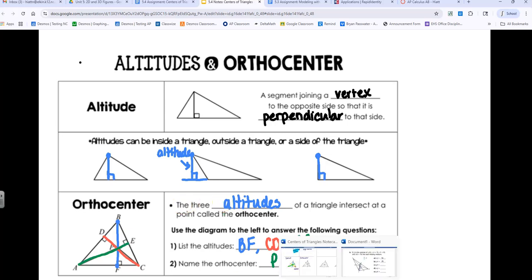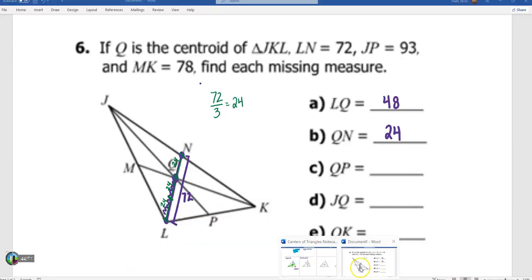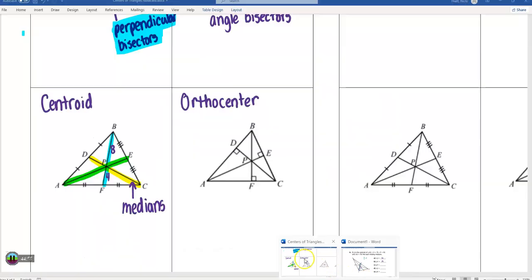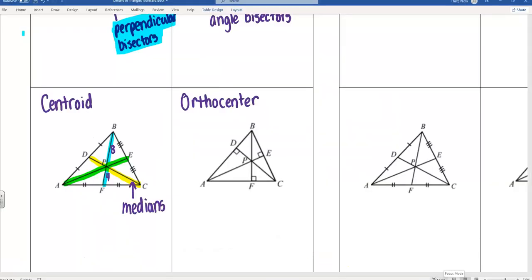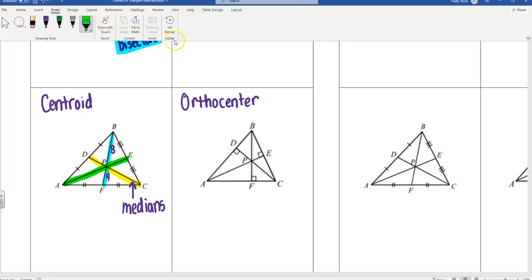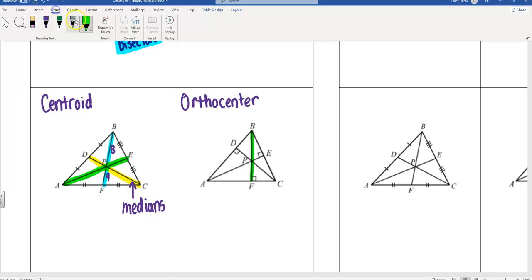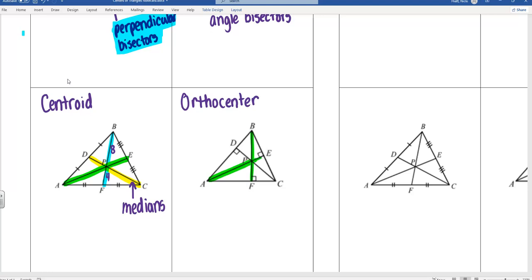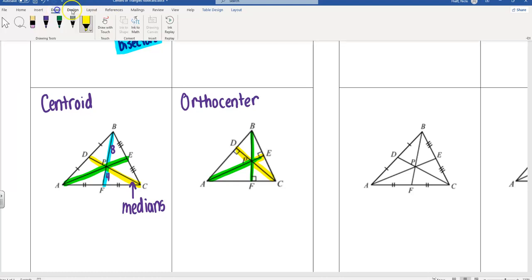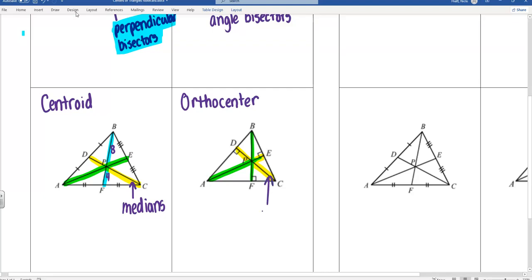Okay, let's add this to our note card. Oh, that's not the note card. There's the note card. Orthocenter. I'm going to highlight the altitudes here. Well, I guess I was going to switch colors. Oh, I did. Just not when I thought I was going to. And those are called our altitudes.